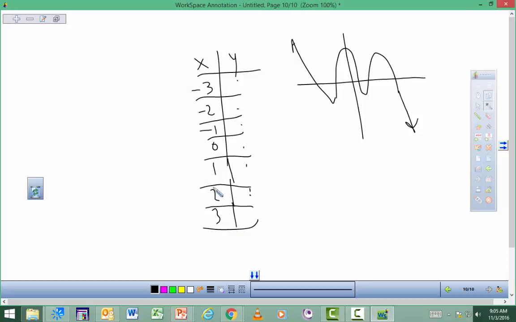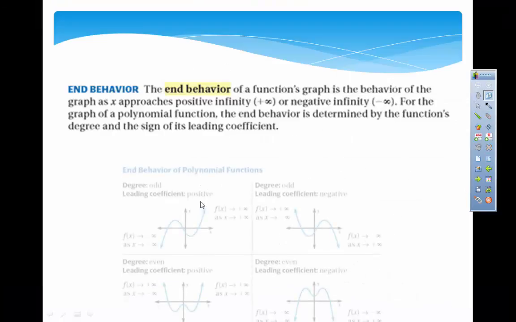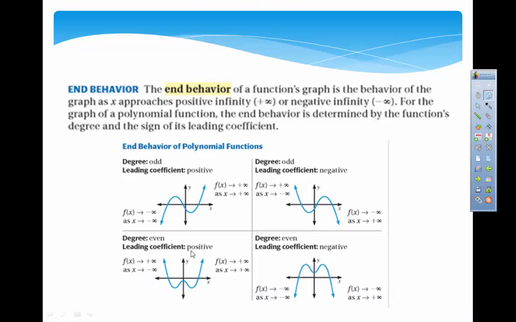Does that make sense? And so the end behavior is important. And so we have a little table in your book. Now please, please, please, as you do your first 4 or 5 graphs, study this table. The more familiar you are with this, the better it'll help you figure out your graphs.